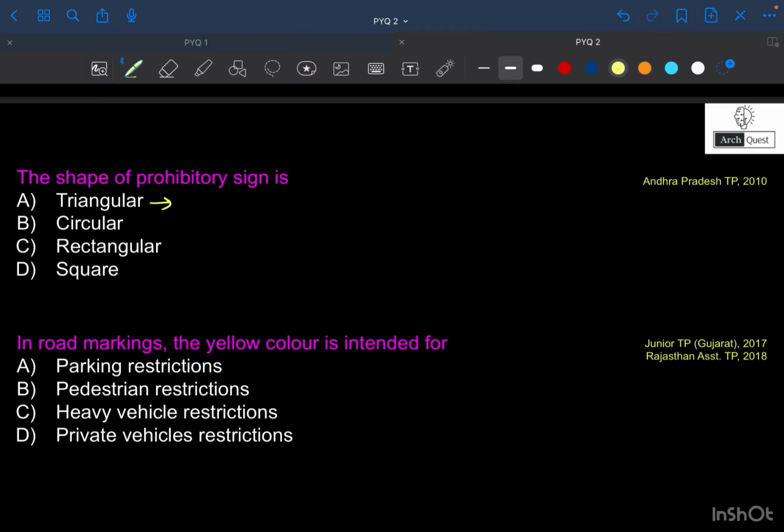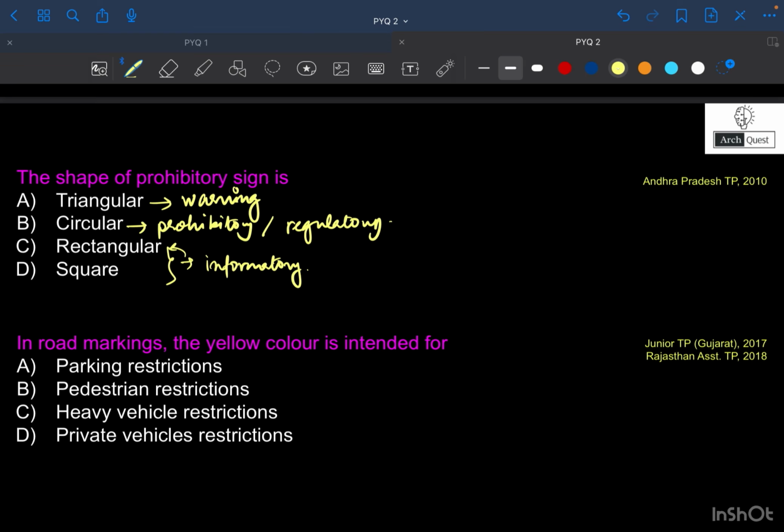See, triangular was warning, circular was prohibitory, ठीक है, prohibitory या फिर regulatory, right? This was informatory, majorly rectangle. So answer is B.